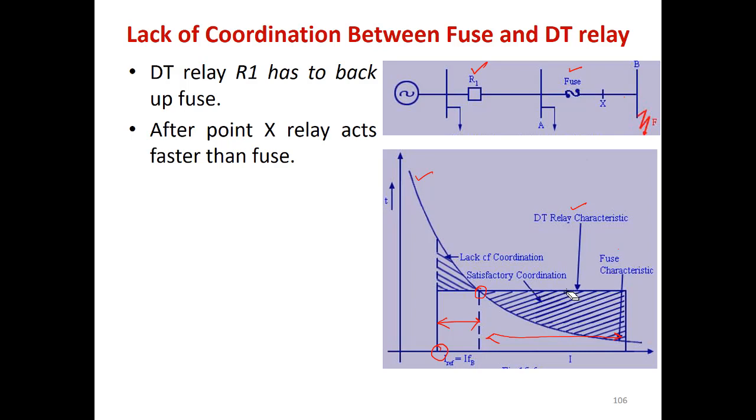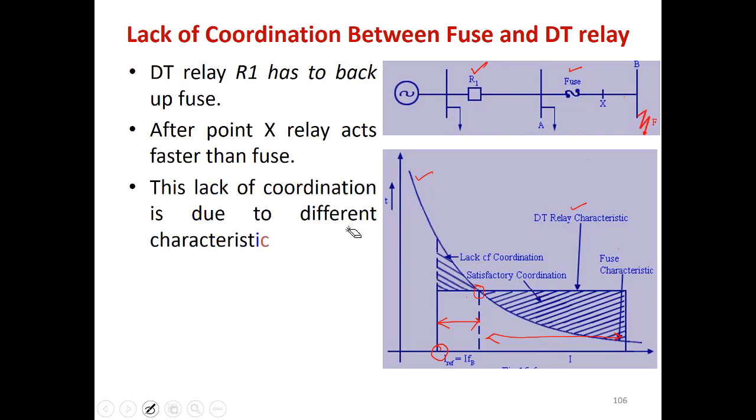The coordination is satisfactory. But below this point, your relay operates first, faster than the fuse, right? Because it is based on the operating characteristic of the fuse.